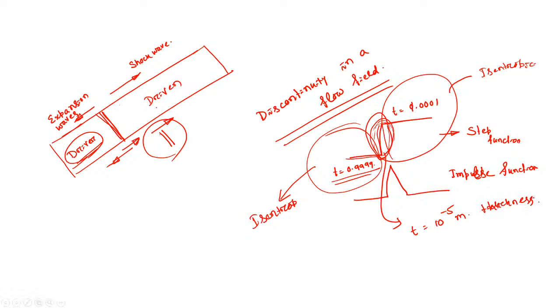Within this small space or domain this entire event happens, and we cannot find out all the flow property values, and it is not isentropic. Because of this reason we say that the shock wave phenomenon is a discontinuity in the medium.